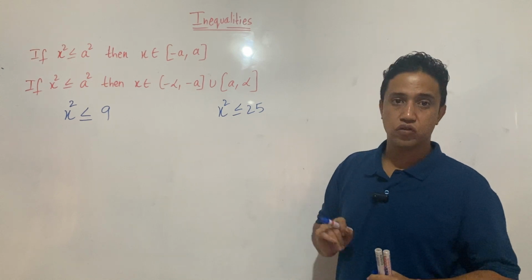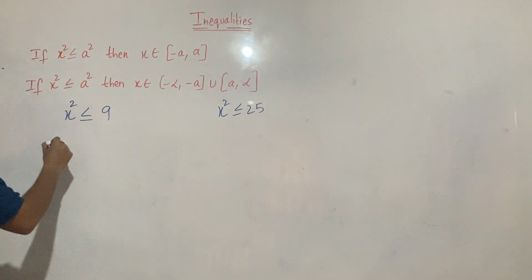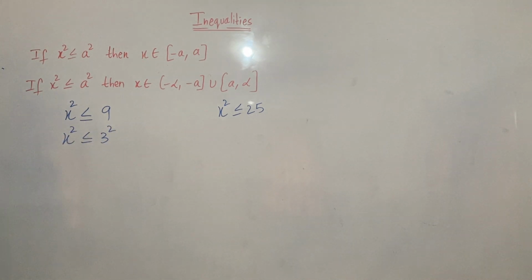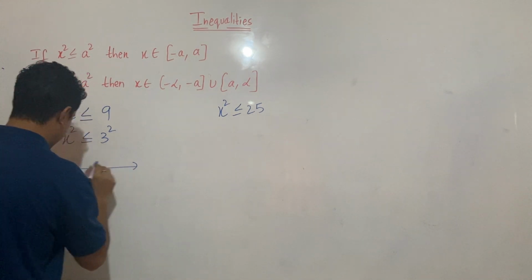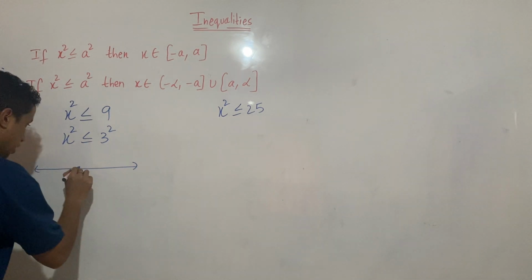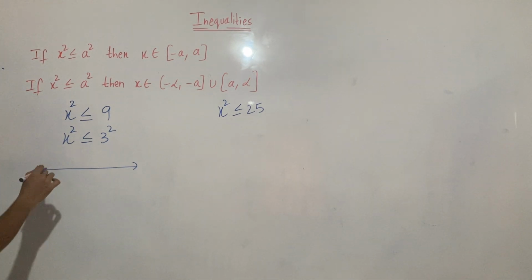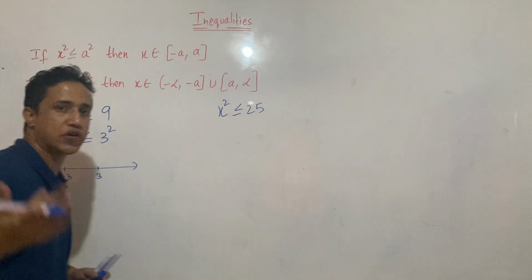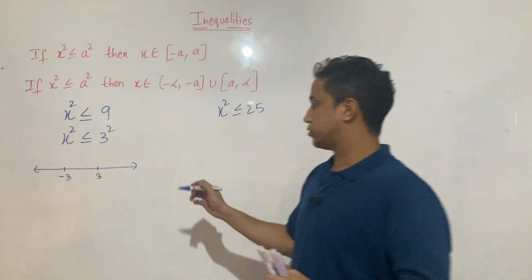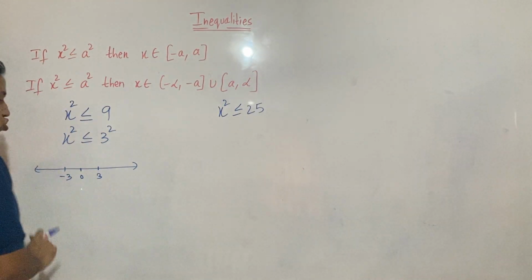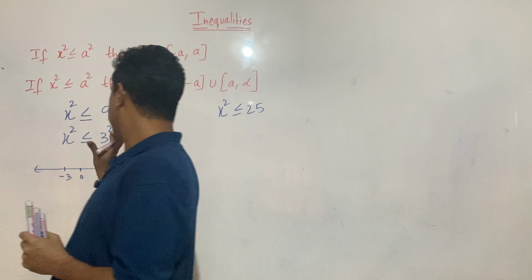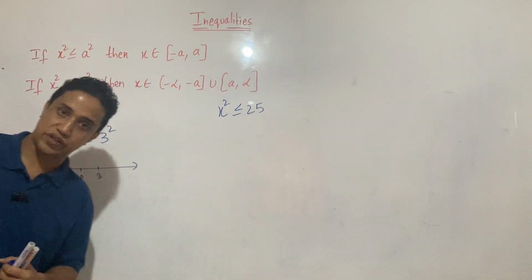So if I write x square is less than 3 square, then you won't mind, right? Then I draw a number line and I have to find 2 points: here minus 3, and here 3, because I know that the square of 3 is 9. Here I have 0. So I took 2 points on the number line for which, if I square those numbers, the value of x square is going to be 9.